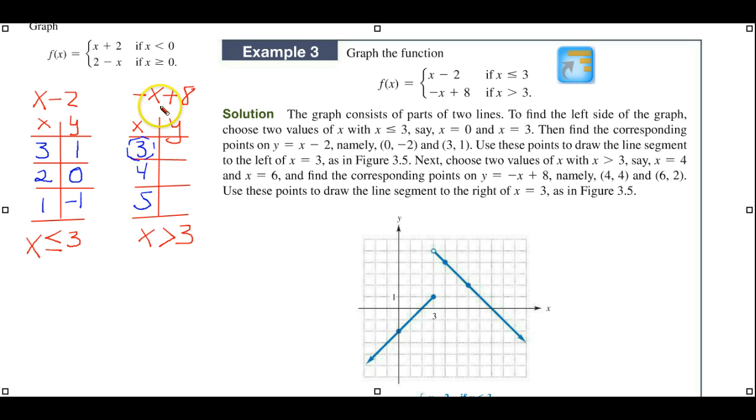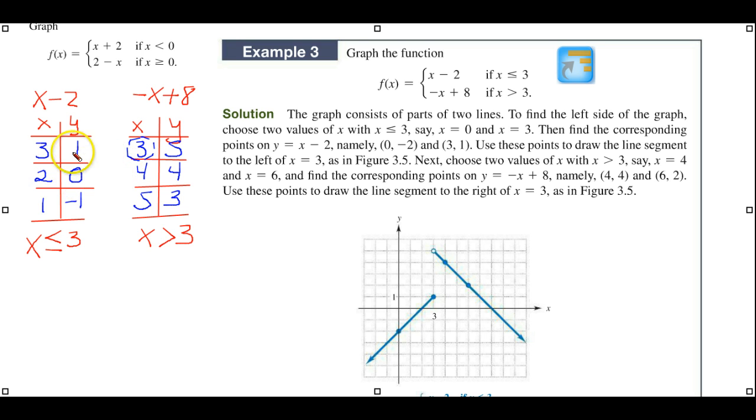And then here, if x is a negative 3, this will give us a 5. If x is a negative 4, this will give us a 4. And if x is a negative 5, this will give us a 3.